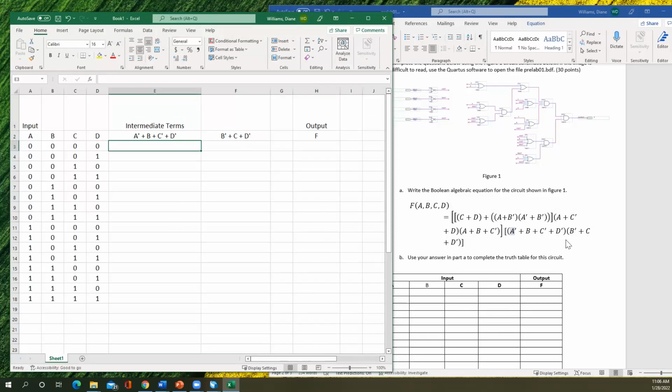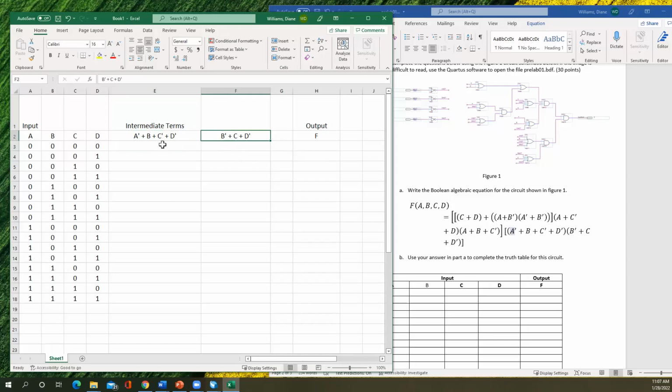Like I said, we could go through the different combinations and fill this in the long way, but what I like to do is think about it this way: if this is an AND relationship, this term is going to be ANDed with this term. We know then that both of these terms would have to have a value of 1 in order to produce a 1 from their ANDing.